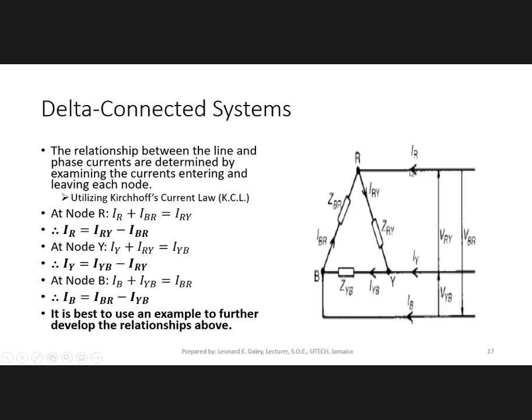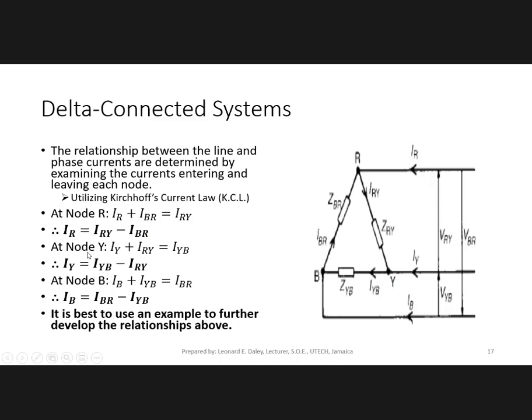Just look at the diagram. Maybe IR, sir. IR. Right, very good. IR plus IBR going in. And what is leaving then? IRY. All right, so that's why we write this here, right? So making this line current now the subject, IR would be equal to IRY minus IBR, right?